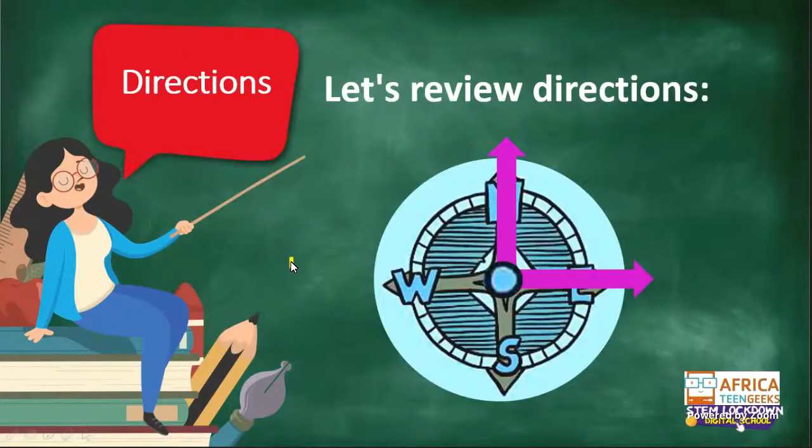When we move to the side or to the right, when you look at your screen, that will be east, and your block that we will use will have an E inside the block. When we move down, when you look at your screen, it will be south, and your block will have an S inside.